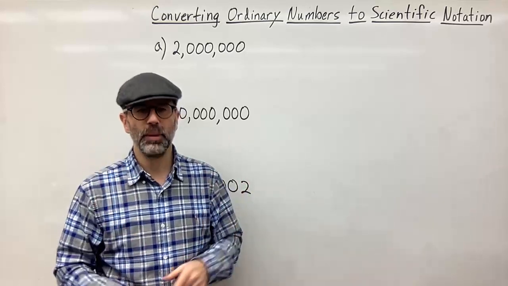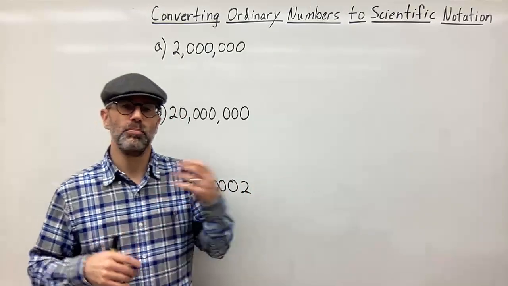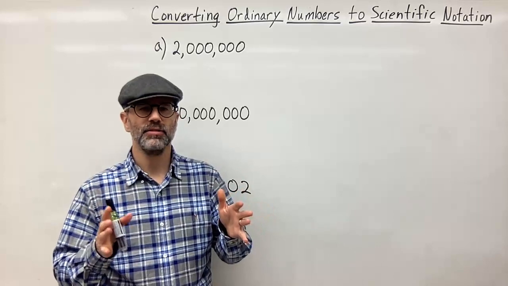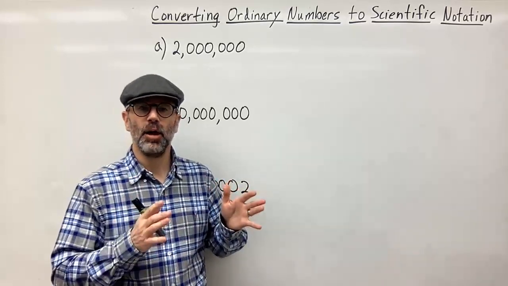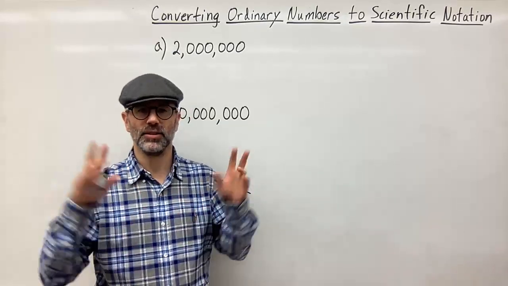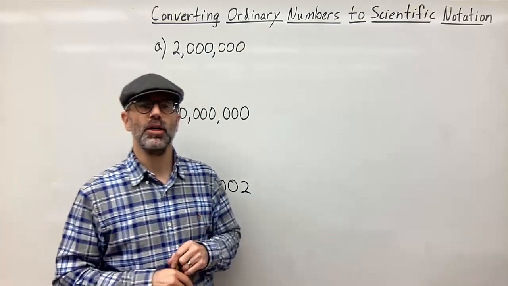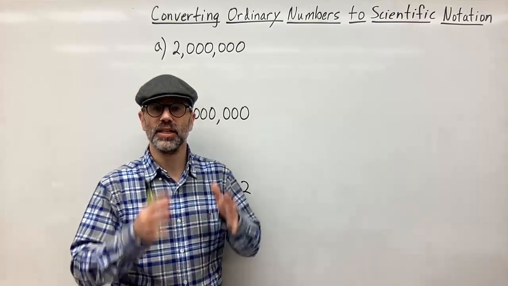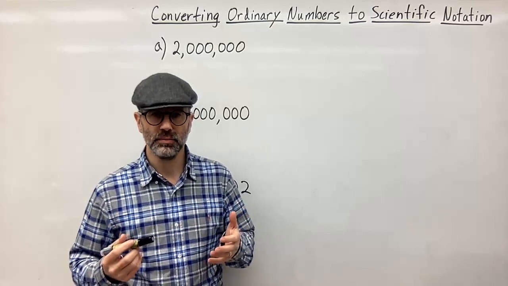So the way I remember it is instead of left and right, it's big and small, okay? So if you have a large number, and what I mean by large is a number greater than 10, 10 or greater is large, then your exponent in the scientific notation on the 10 is going to be positive.